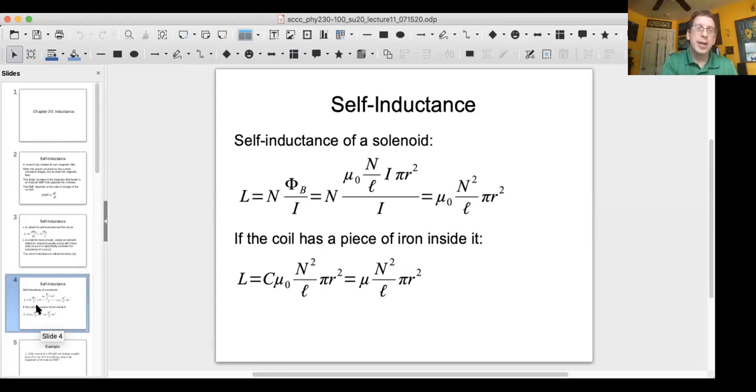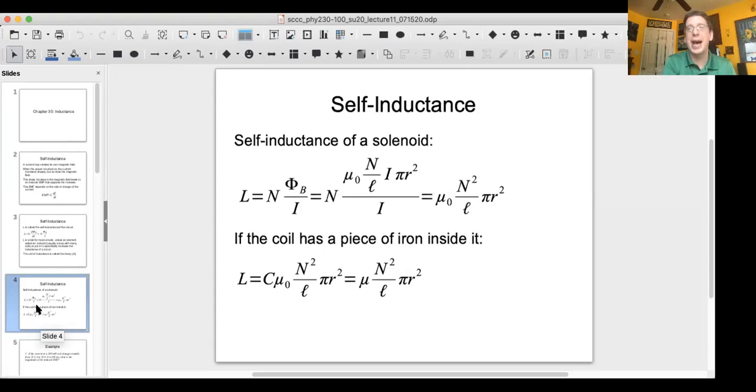So again, getting back to what we've talked about a couple of times already, that iron has electrons rotating in circles that basically have their own magnetic dipole moments, and if you expose them to an external magnetic field, those dipole moments will align themselves so that they point in the same direction as the magnetic field. And what that serves to do is strengthen very greatly the magnetic field that's inside.